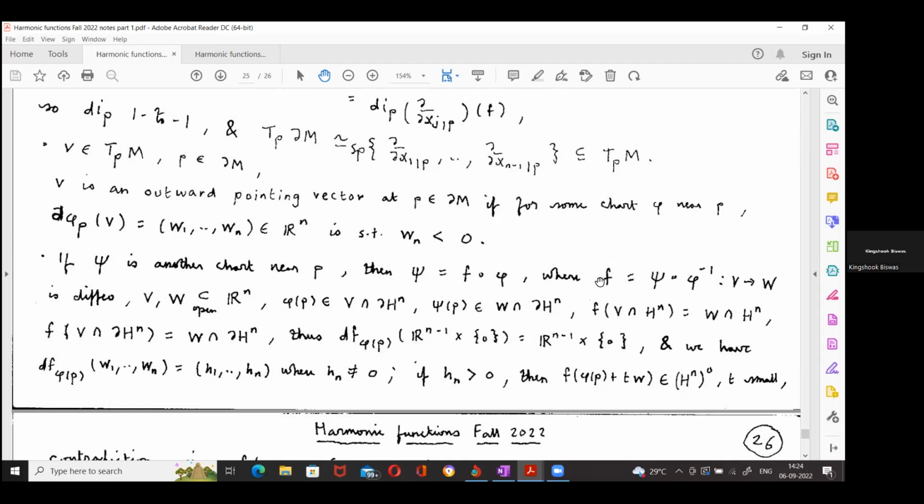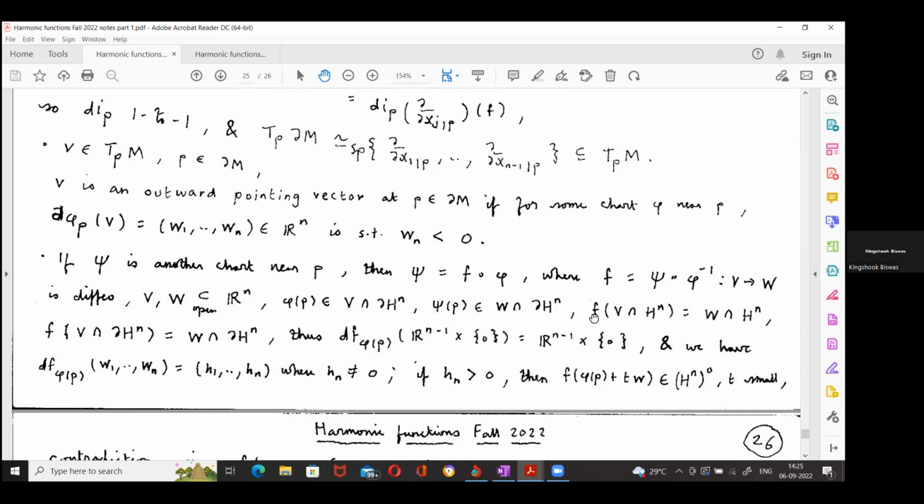By definition of manifold with boundary, this change of charts is a diffeomorphism between open subsets of Rn from V to W, such that phi p is a point of V intersect boundary Hn, and psi p is a point of W intersect boundary Hn, right?